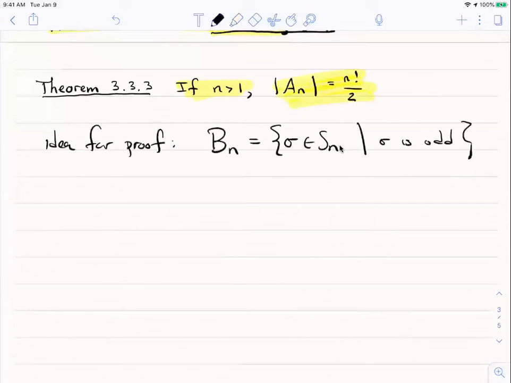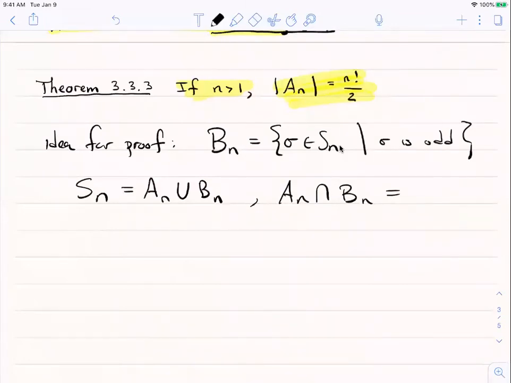Okay, so what do we know? Every permutation is either even or odd. So Sn is the union of An and Bn. No permutation is both. Sorry, it is empty.